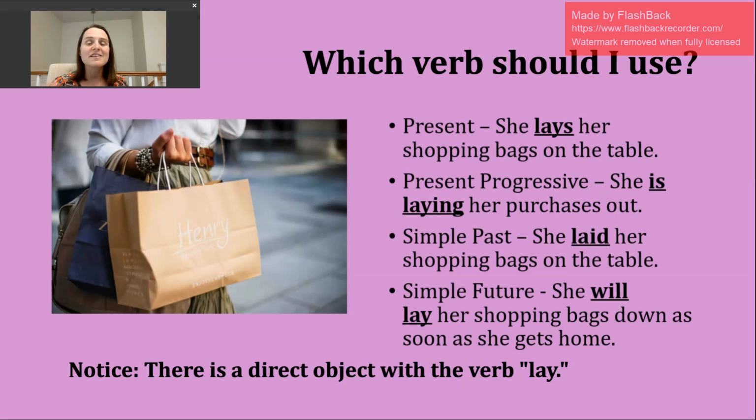In the present progressive, it's her purchases. That's the direct object. And so that's always coming after the verb. And this can be a helpful way to remember whether you should use lay or lie. So if there is no direct object, lie is probably your best choice. But if there is a direct object, you can say lay.